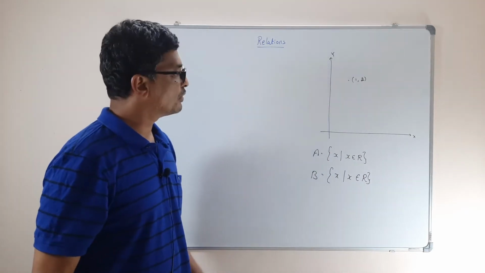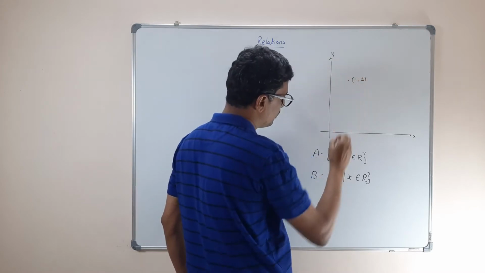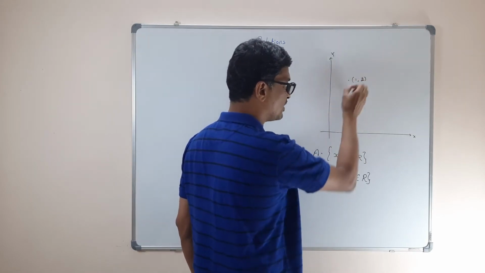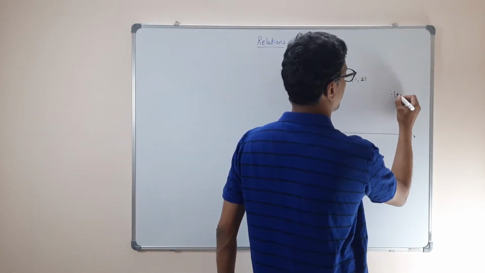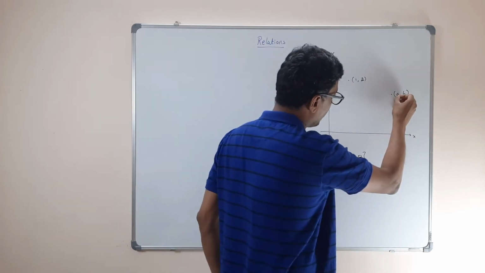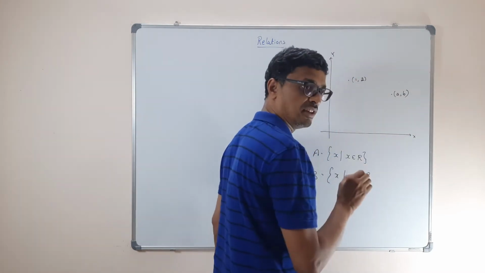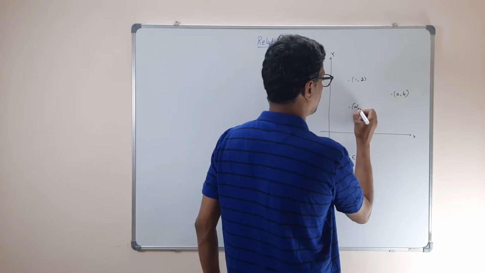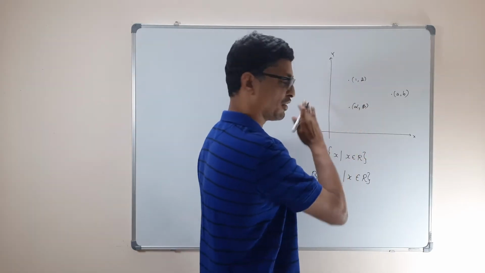What you have done is taken 1 from the set A and 2 from the set B. Similarly, you can have another point (a, b), where you have taken a from set A and b from set B. You can write some other point, (alpha, beta), where alpha is taken from A and beta is taken from B.